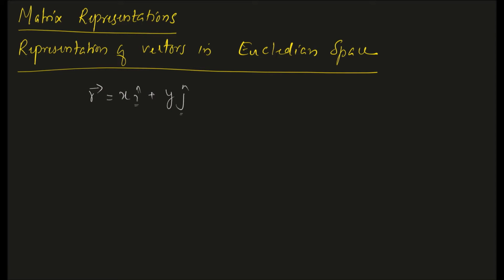These unit vectors constitute a pair of orthonormal basis vectors, and x and y are the components of r with respect to these basis vectors. After representing it in this way, we can perform operations like addition or scalar multiplication working solely with these components.